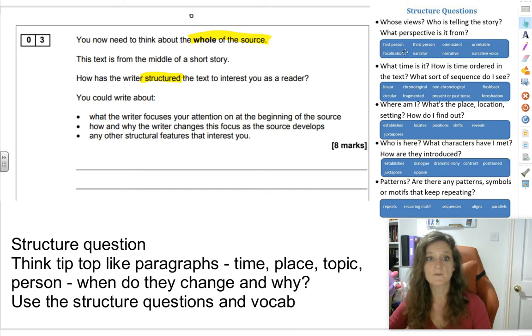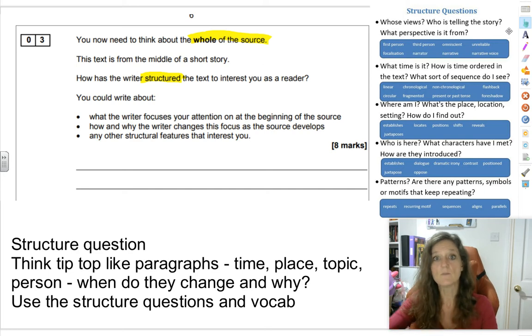And there are some keywords: first person, third person, omniscient, unreliable, focalization, narrator, narrative, narrative voice. What time is it? Is it a linear chronological narrative, or is it a little bit jumpy? Do we get flashbacks and so on? Is there anything that happens in this extract that might foreshadow and give us some hints as to what's going to happen later? You can speculate a little bit about that, especially if you think the writer's being obvious.